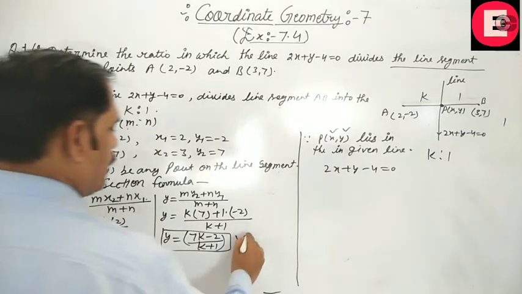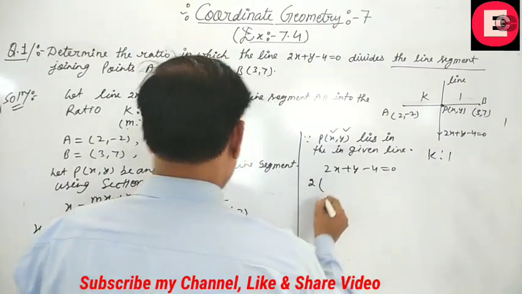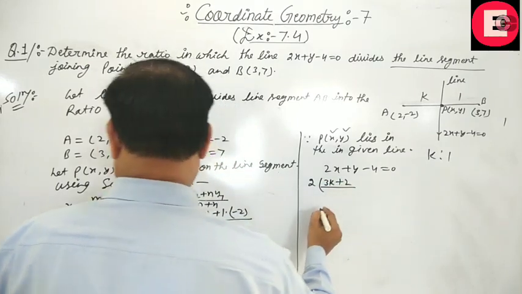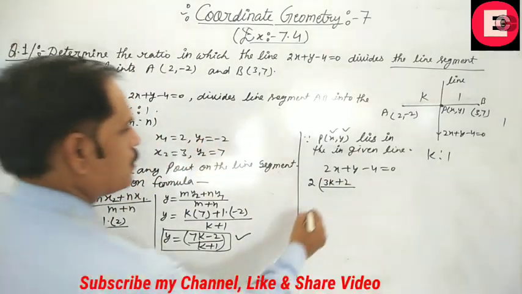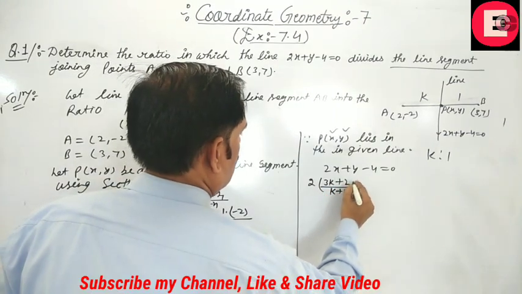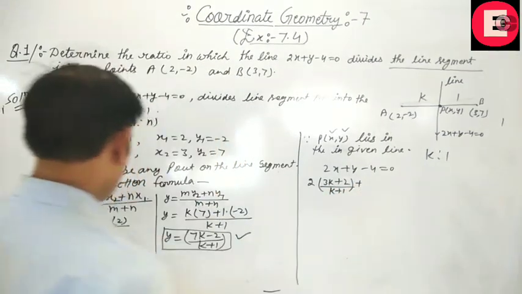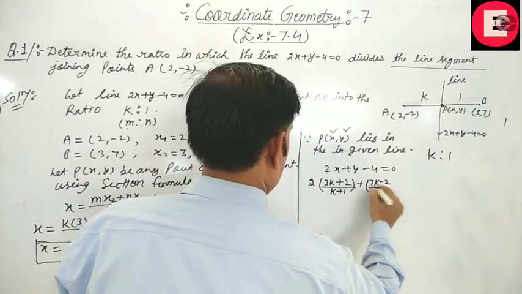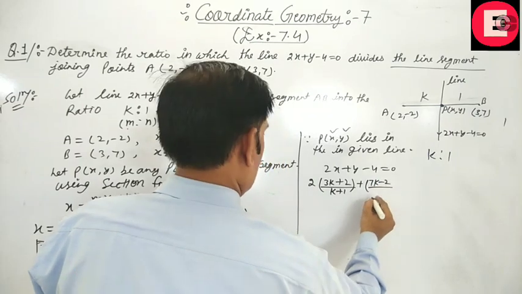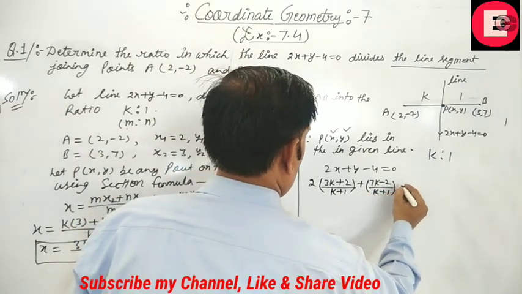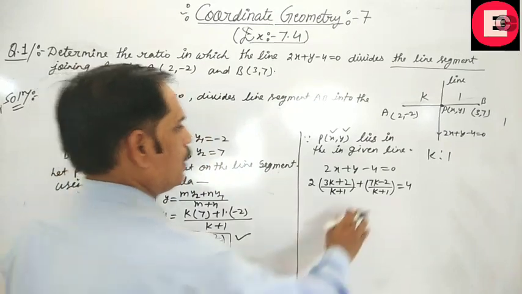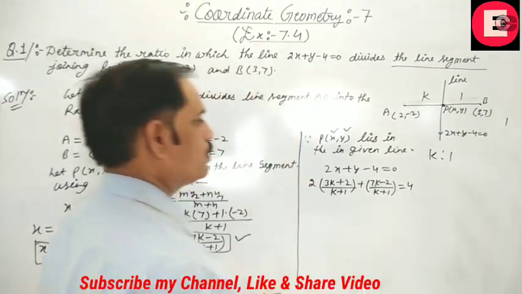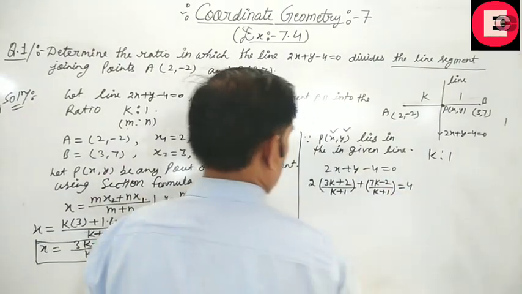Now 2 into x, which is (3k + 2) upon (k + 1), plus y, which is (7k - 2) upon (k + 1), is equal to 4. Okay, transfer -4 to the right side, then it will be plus.